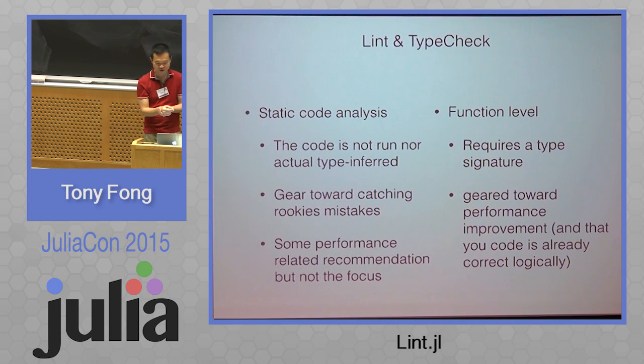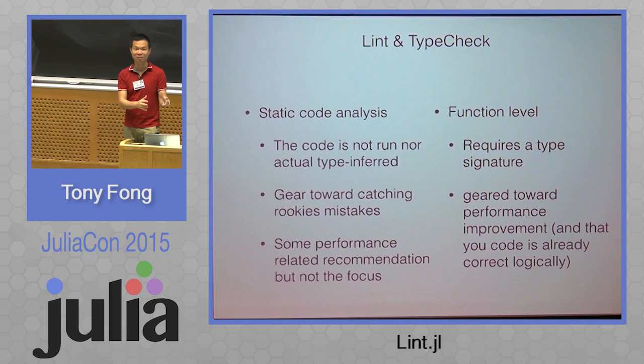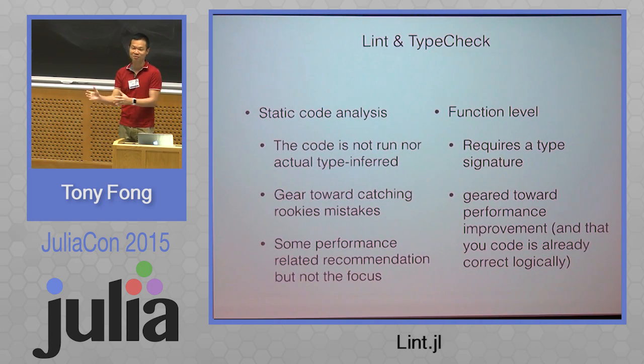So it's geared towards performance improvement, assuming you can already prove to yourself the code works correctly. So in my mind, they serve very different functions in the process of writing good code.